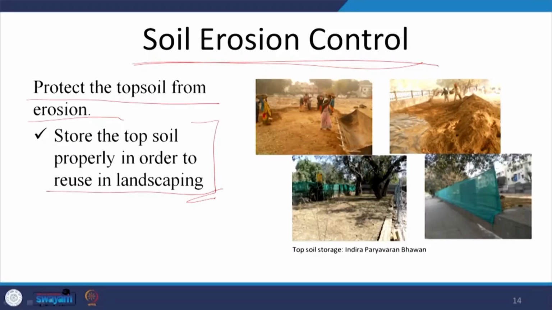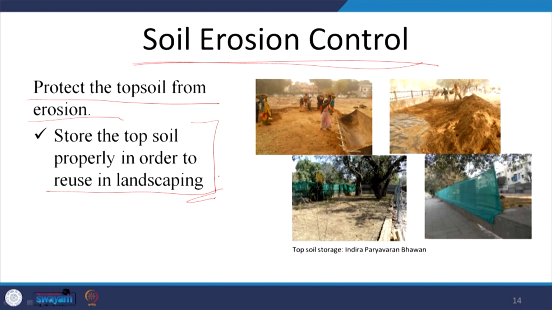We excavate and that soil is either dumped, used back for refilling, not properly taken care of, or dumped somewhere else for some other purpose. That topsoil should be stored properly so that it can be reused in landscaping because it is a fertile soil.